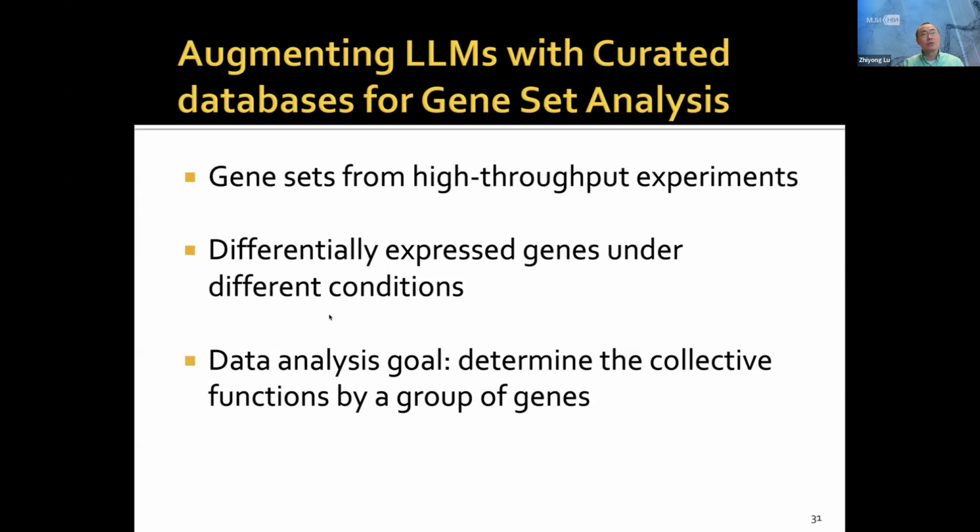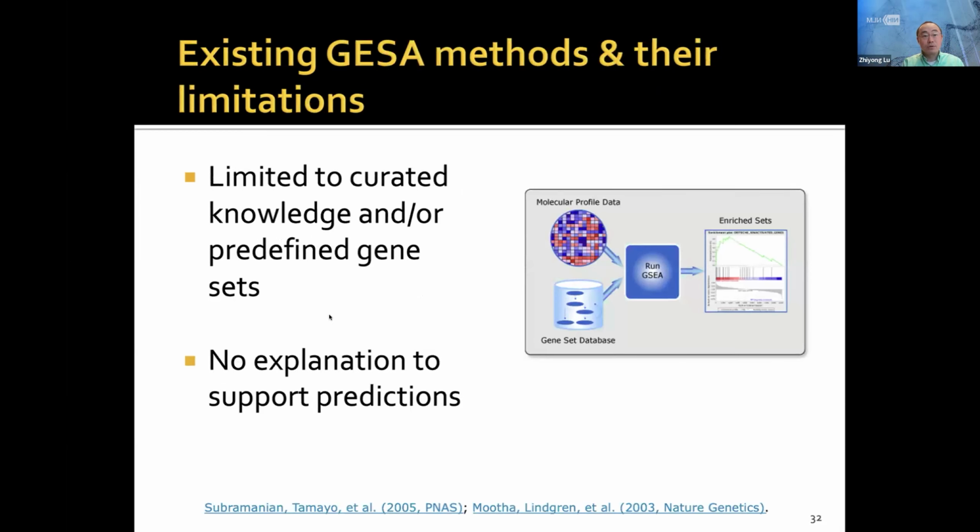And the goal of this task is to figure out what would be the collective function of that set of genes. So the go-to method people use these days is gene set enrichment analysis or pathway analysis. Basically, they're comparing their input list of genes to some of the curated databases of gene subsets, and maybe there's overlap with some of the curated gene sets.